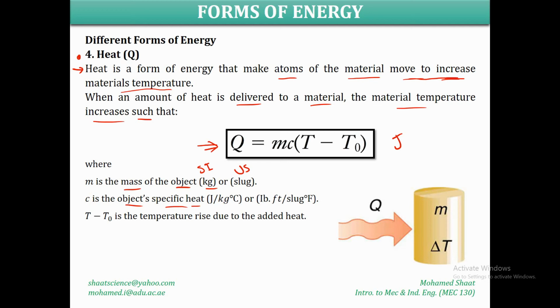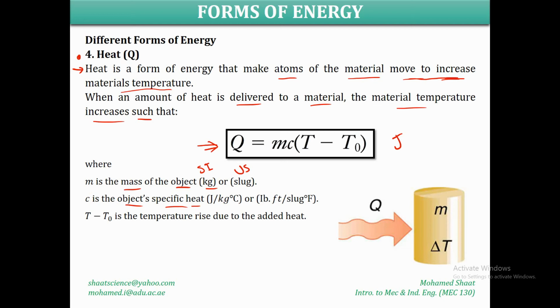For example, you could deliver a certain amount of heat to a material, and if it is an insulating material, it won't make use of this heat; instead it will dissipate and push back this energy.